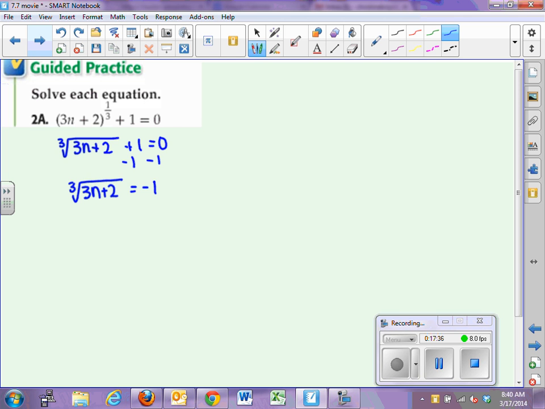And now we raise both sides to the third power. -1 times -1 times -1 equals -1. And I think n is -1.